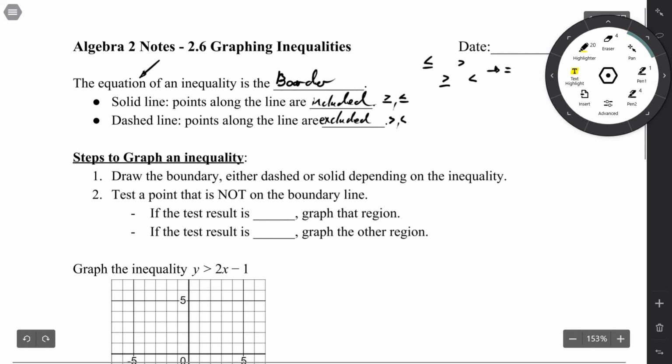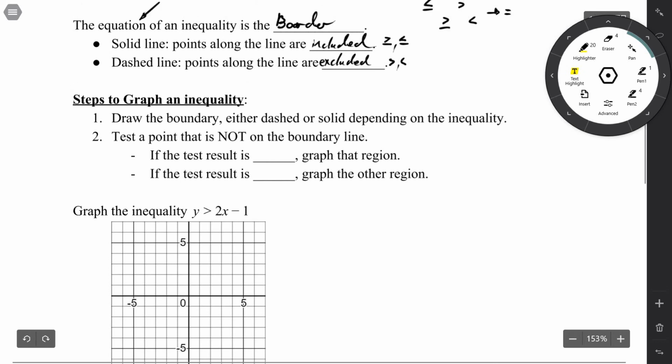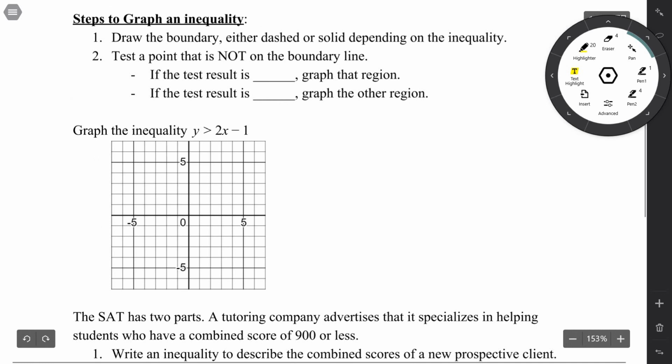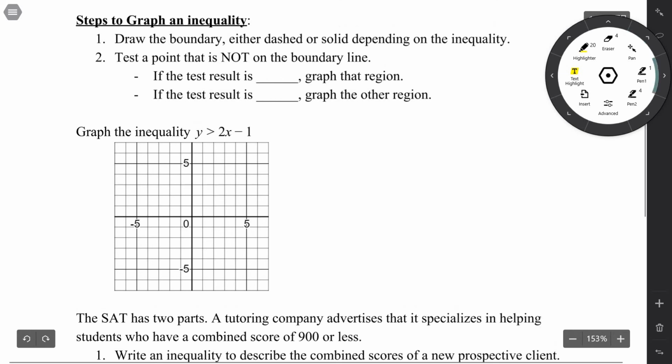All right, let's jump straight into it. Steps to graphing an inequality. First off, draw the boundary, either dashed or solid, depending on the inequality. So let's do that now. Graph the inequality y is less than 2x minus 1. If this were just an equal sign, we'll cover that up for now and just imagine that it's an equal sign.